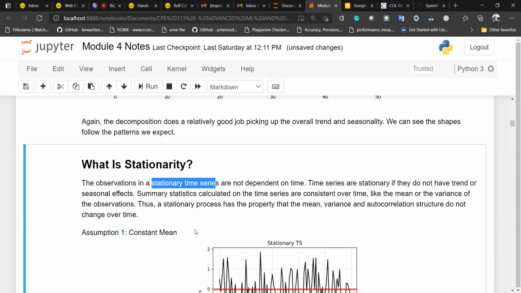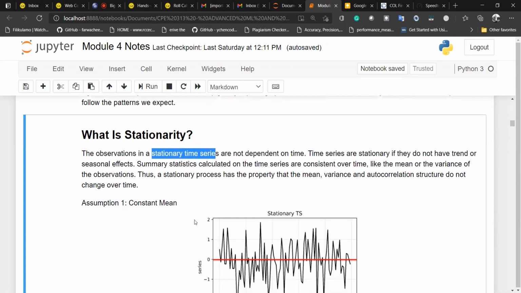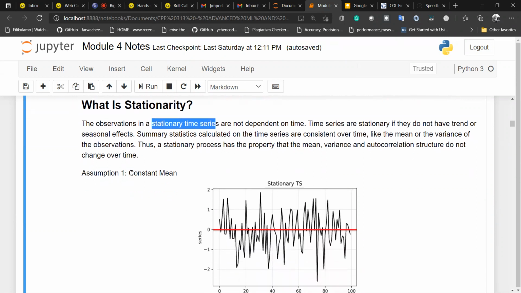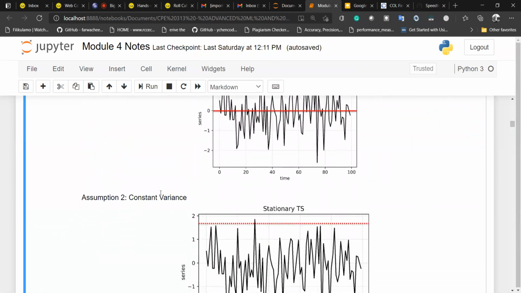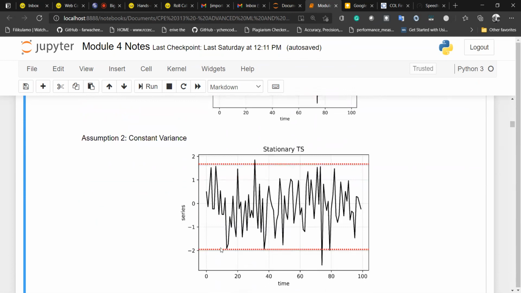So there are two things that you can see here. The first assumption is what we call the constant mean. When we say constant mean, we have a constant average of the signals, as drawn here in red. The second one is the assumption that we have a constant variance, in the upper values and the lower values of the time signals.